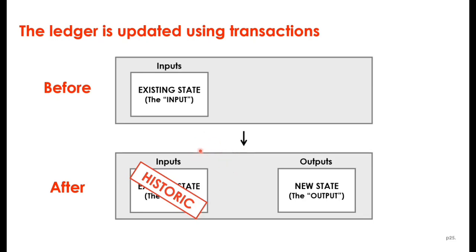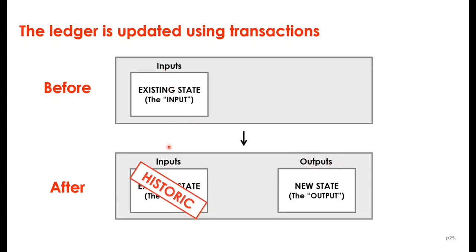A transaction consumes some kind of existing input state. So there is an input state. Maybe I have $10 and then I pay that $10 to Tom. So me having the $10 is marked as historic. I can't use that $10 anymore. That $10 has to be used by Tom, and that will be the new state of the ledger. If a transaction proposal is approved, the input states are marked as consumed or historic.